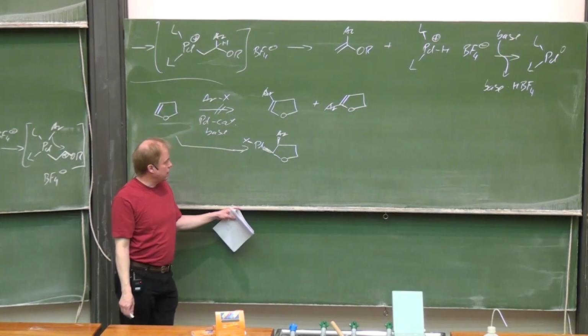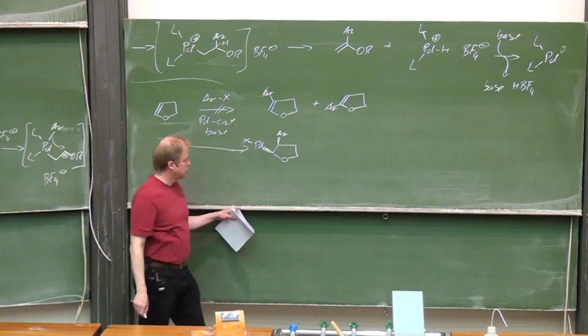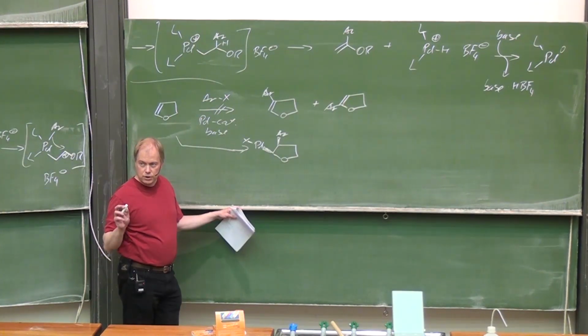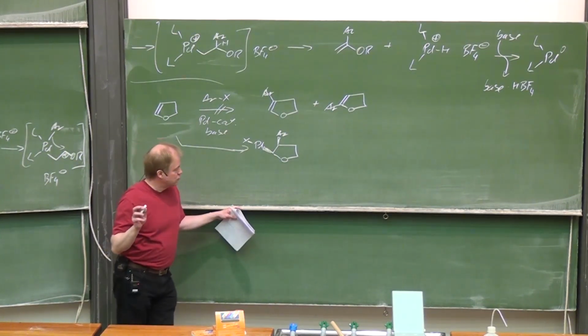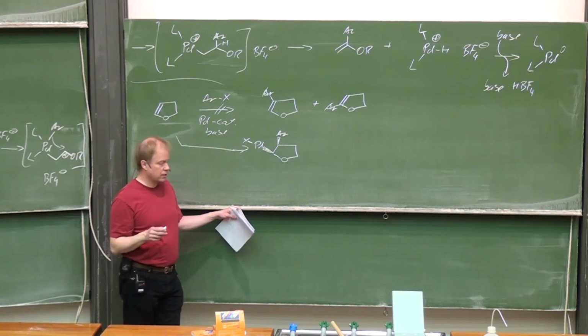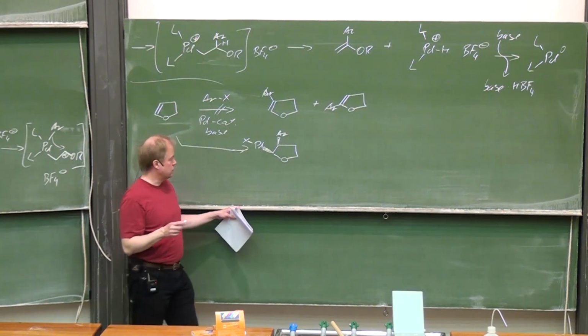That means that the aryl group and the palladium are on the same side of the ring. The beta hydride elimination, always a syn elimination, needs then, as I already explained in the preceding lecture, a hydrogen in syn periplanar position.